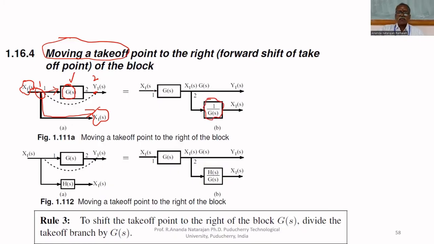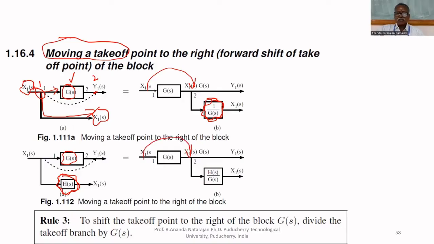So if we shift that point from here to here, then the signal should be multiplied by 1 upon G of S, because it is already multiplied by G1 of S. To nullify that G effect, I am dividing by G of S. Suppose one takeaway signal is amplified by G of S, and another one is amplified by H of S. But you want to move the signal from here to here.